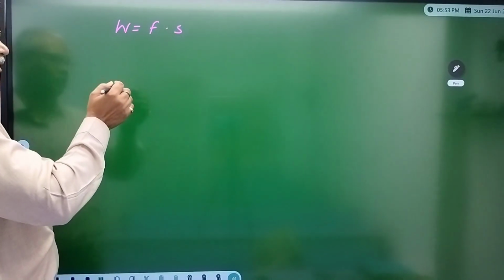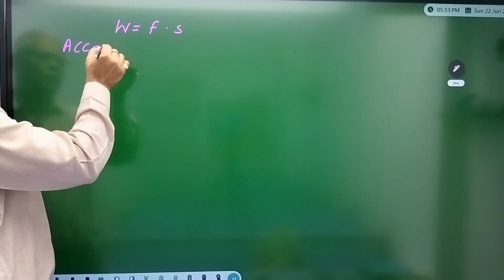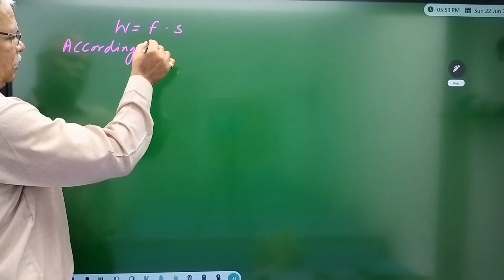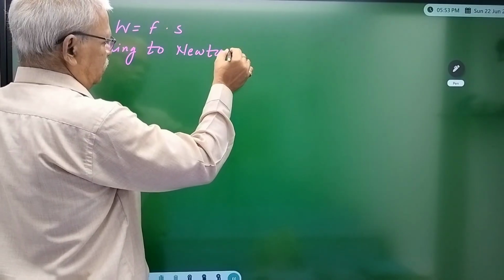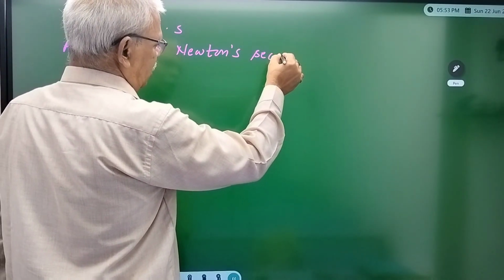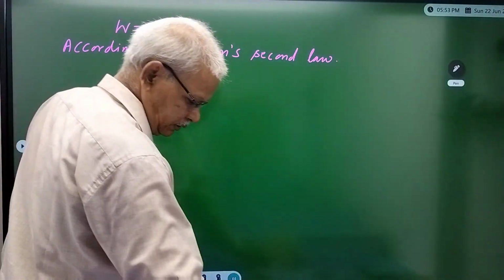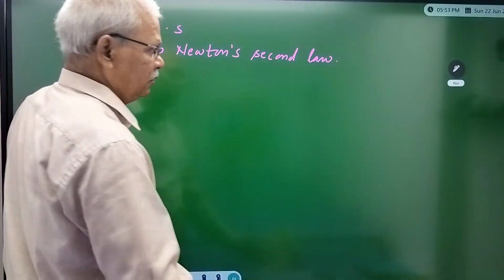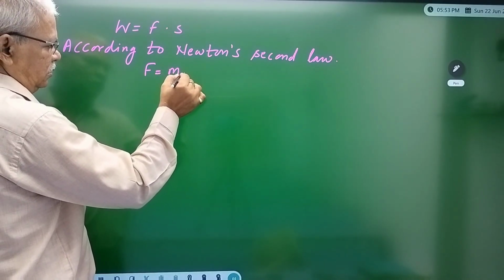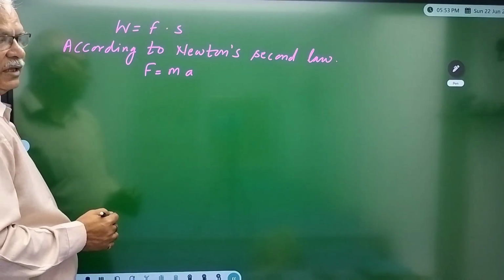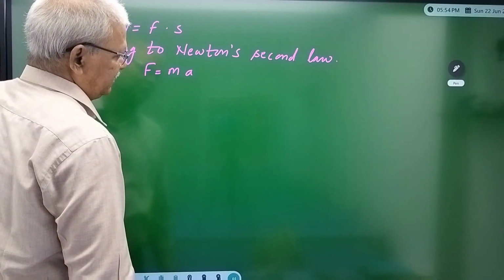Okay. Now see here. According to Newton's second law of motion, F is equal to ma, where F is the force, m is the mass of the object, and a is the acceleration.